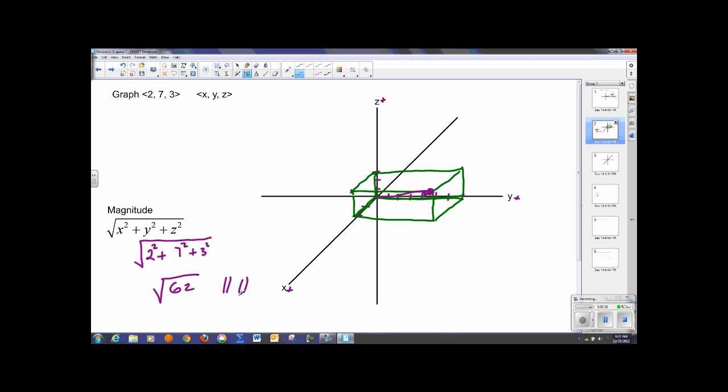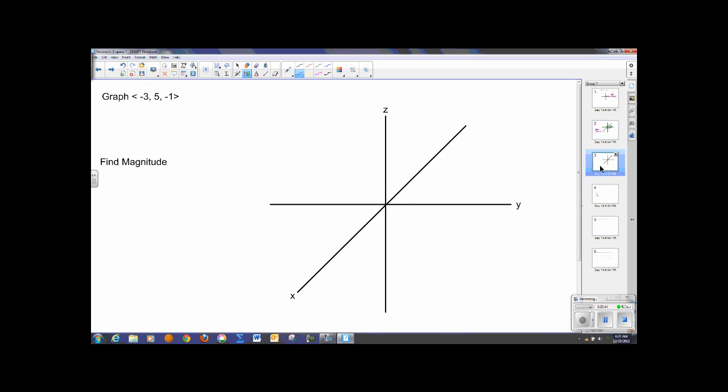All right, let's do another one just for practice. I'm going to now graph -3 for the x, so I'm going to notch that off, +5 for the y, and 1 of the negative type for the z. All right, and let's do this one green again.